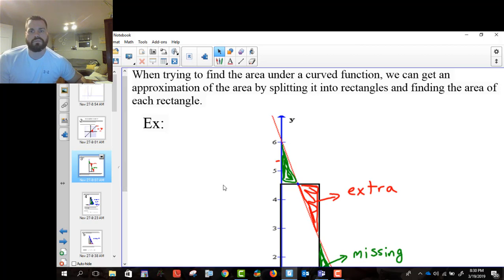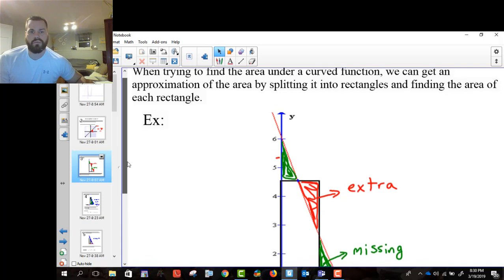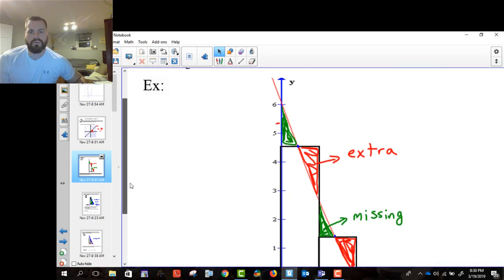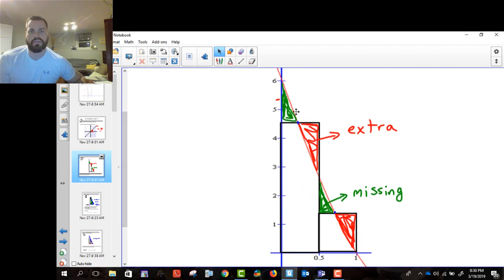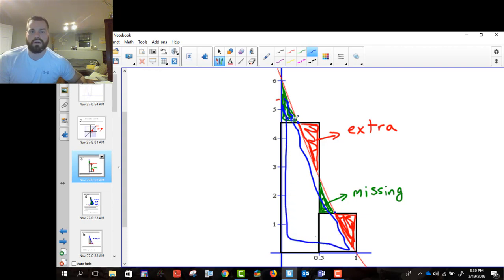Okay, so we split the area that we want into a series of rectangles, and you can see if I scroll down a little bit that gives me an approximation of the area. The area that I actually want is this blue stuff in here, right? All of this, and then over here and up. That's all the area that I want.